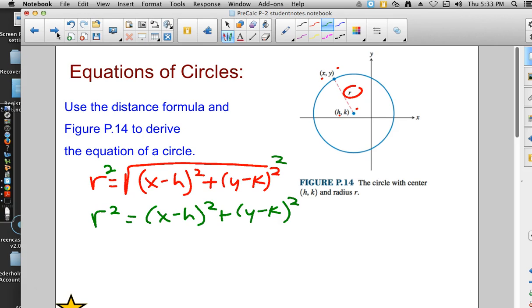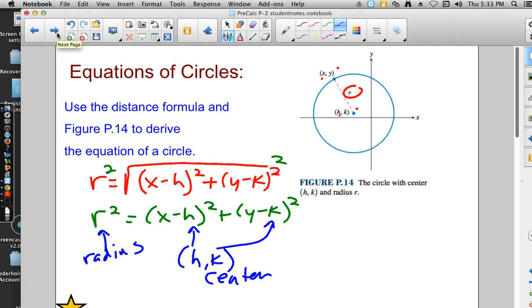Pretty cool. And what we see here is we have to put some things in. Not a lot, but we have to put some things in. h and k, that's going to be the center of the circle. And this r value is of course the radius. And most of the time when you see this in the geometry books, it's listed backwards here, like so.